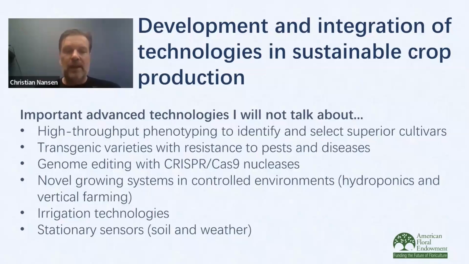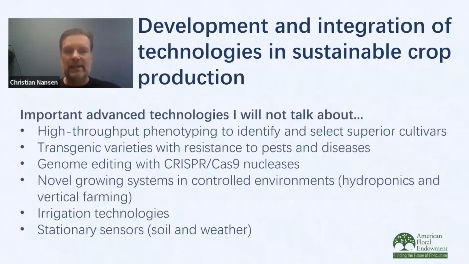And of course, as the last one, also the use of stationary sensors if we are outside, related to weather and soil, but of course environmental sensors inside our controlled environments as well, and networks and how they can be turned into decision support tools and mapping and shared with different facilities, and trends turn into databases and modeling.